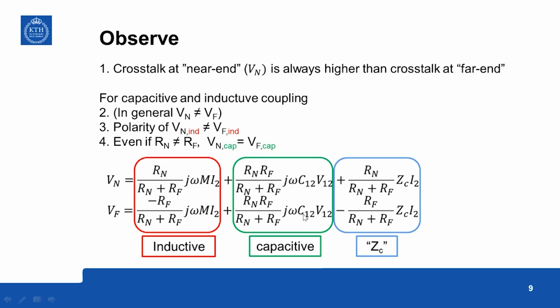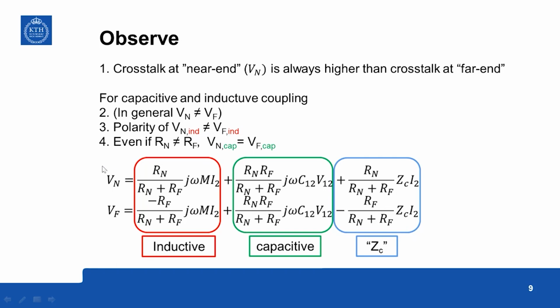Now in this case also we find that near-end crosstalk Vn is always higher than crosstalk at the far end Vf, due to this negative polarity. For capacitive and inductive coupling in general, Vn is not equal to Vf, and the polarity of Vn induced is not equal to Vf induced.